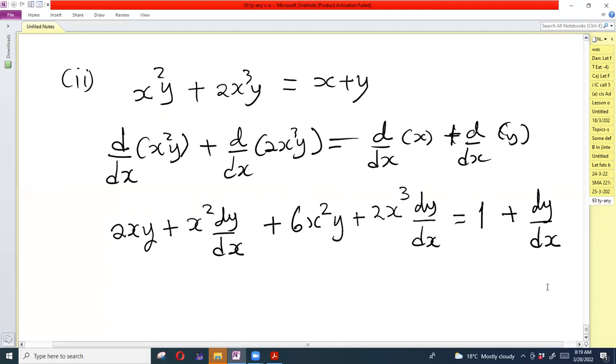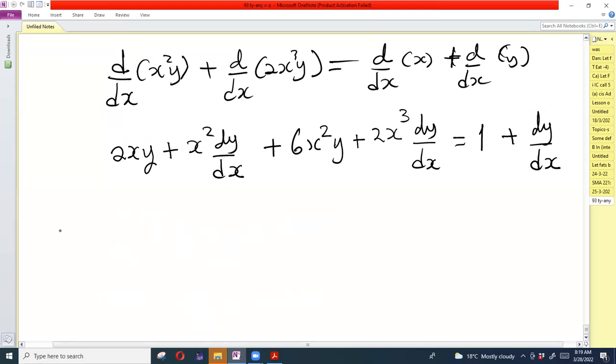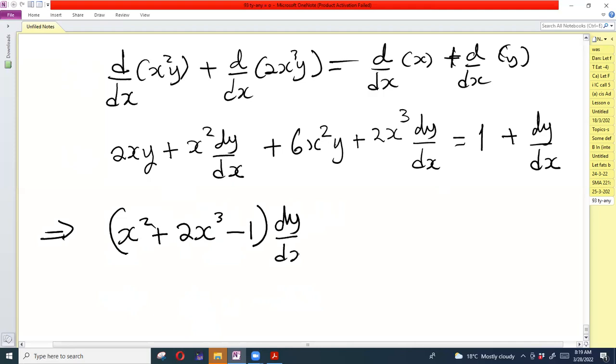So next you collect terms with dy/dx. This leads us to x squared plus 2x cubed minus 1, because when I bring this one to the left, it will be negative, and then multiply by dy/dx equals, take every term that doesn't have a dy/dx to the right hand side. So we'll have 1 minus 2xy minus 6x squared y.